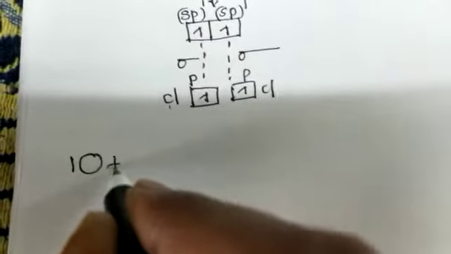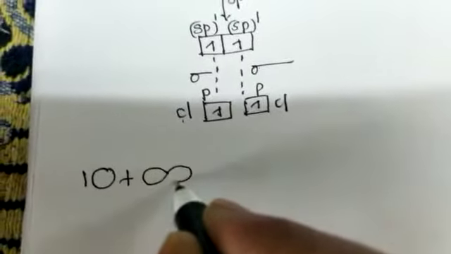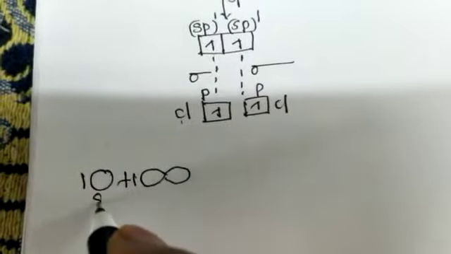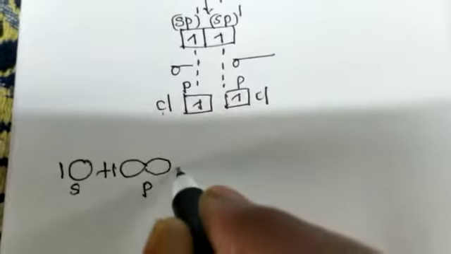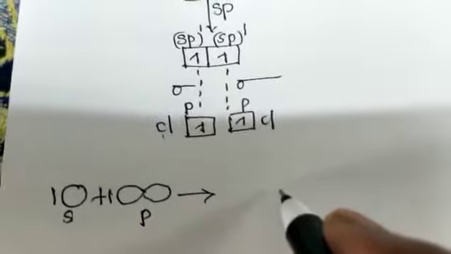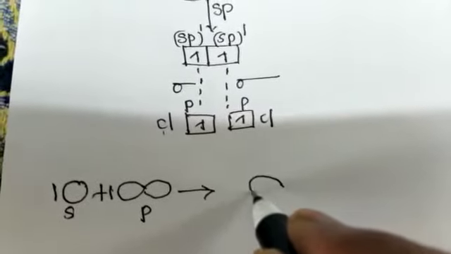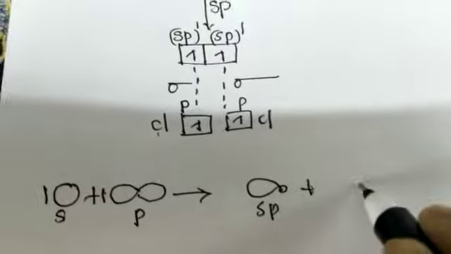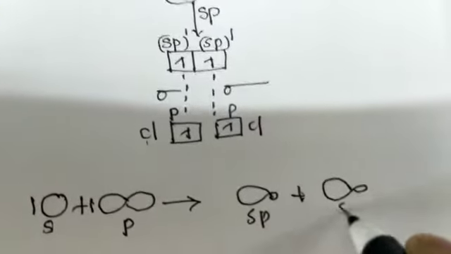So the s orbital and 1 p orbital intermix to form 2 equivalent sp hybridized orbitals.